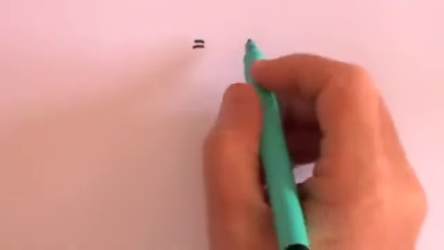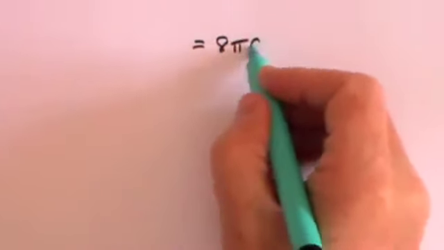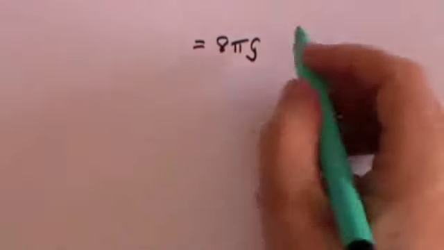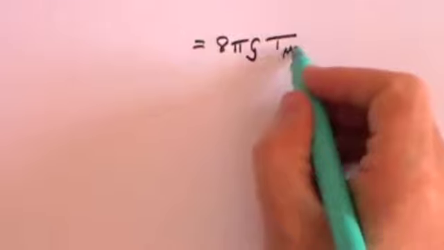So now on the right-hand side we've got the 8 pi G that we derived, but we're going to replace the density term that we came up with by this new stress-energy-momentum tensor, and we're going to have something on the left-hand side.